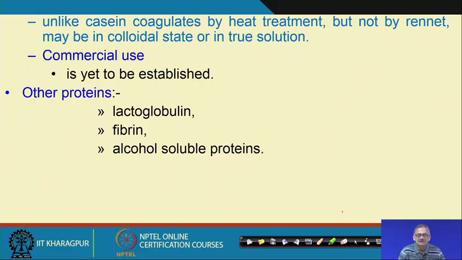The common use of whey protein is yet to be found, because, as I said earlier, the recovery of whey protein is around 20% of 4%, which is around 0.8 gram per 100 gram of milk.